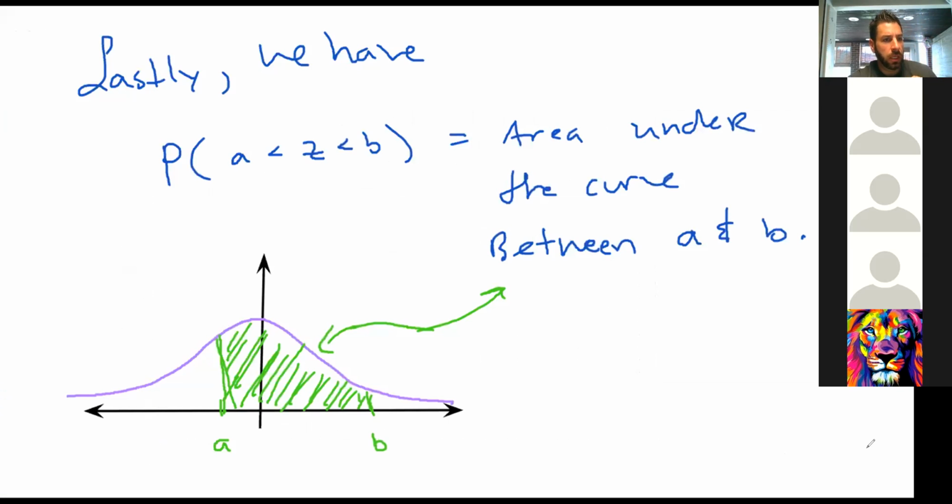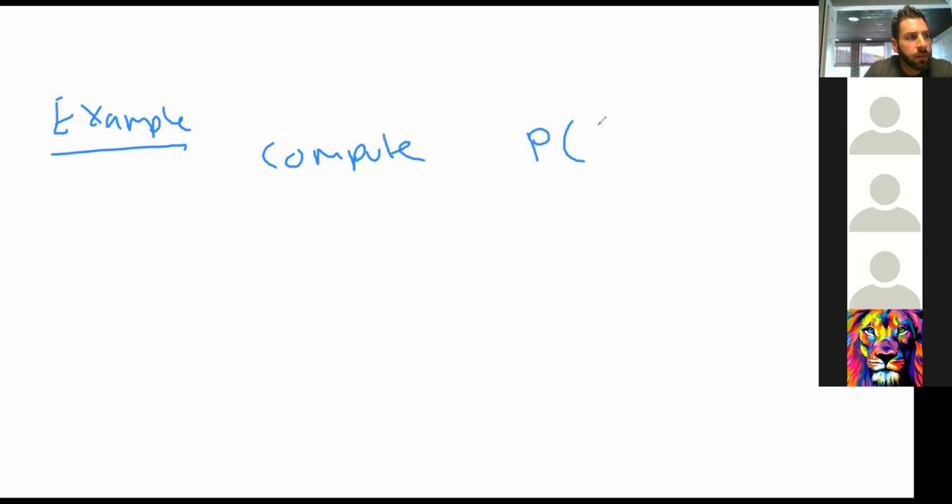So let's do an example of this. Let me switch colors because I don't like green. What I want to do is compute the probability that Z is less than, let's say, 0.62, using what they call a Z table.